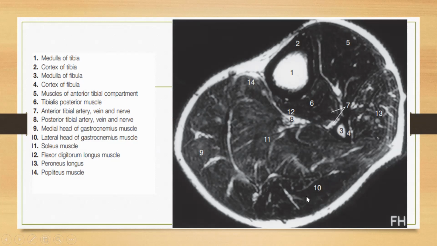Number 10 is the soleus, the lateral head of the gastrocnemius. Number 11 is the soleus muscle, and this is a deep compartment muscle group, which includes the tibialis posterior. And this is the interosseous membrane in between the tibia and fibula, and the interosseous membrane here anteriorly.